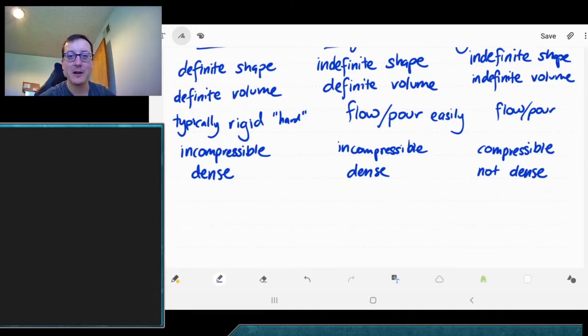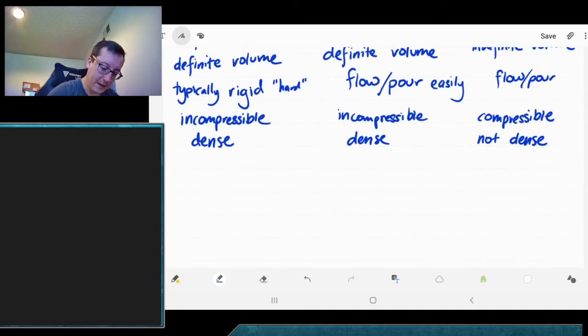That's the whole pound of feathers versus pound of bricks thing. Bricks are more dense than feathers are, right? But both of those are solids. They're still fairly dense. If you compare it with the density of air, solids and liquids tend to be 1,000 times more dense than air is. So gases are going to be less dense than the other two.